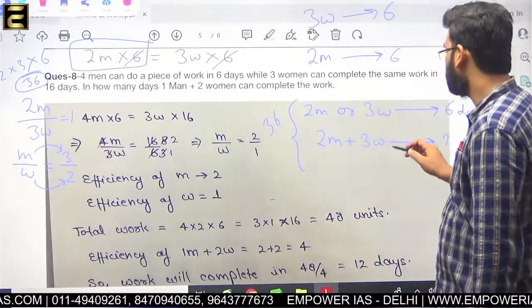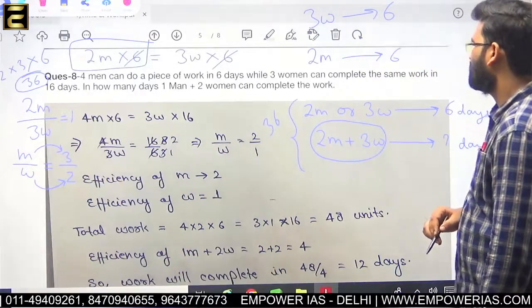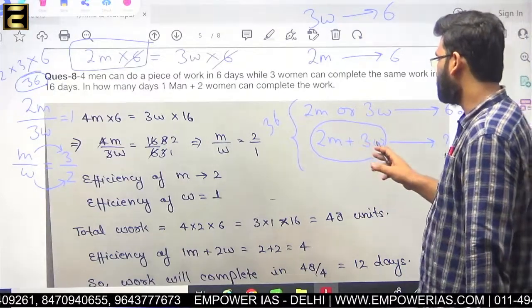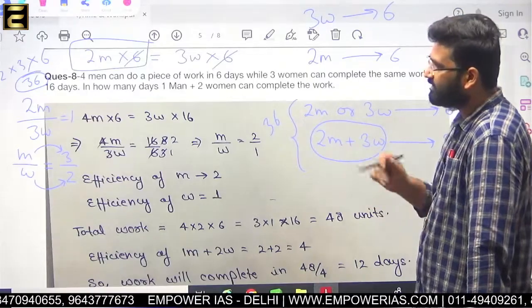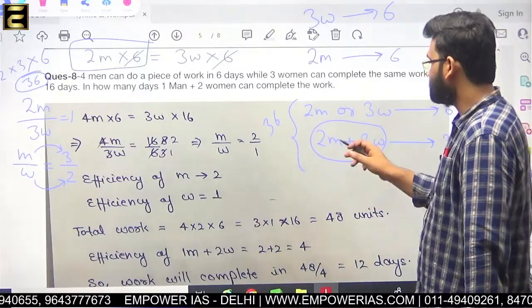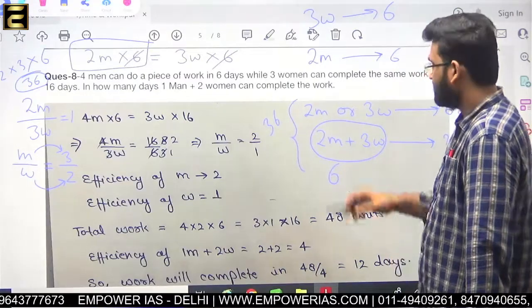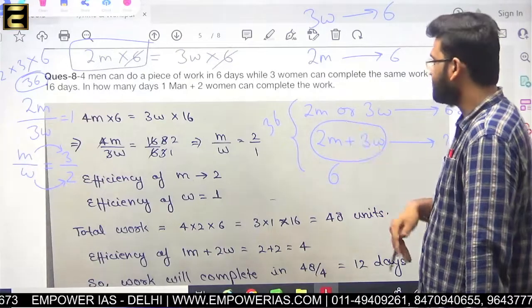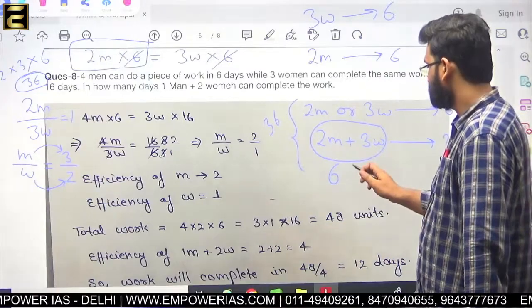अब हमने नया ग्रुप पूछा है कि how much time they are going to take. Okay, so 2 men plus 3 women. The efficiency of 1 man we have calculated to be 3, so the efficiency of 2 men will be 6. The efficiency of 1 woman is 2, so the efficiency of 3 women will be 6.